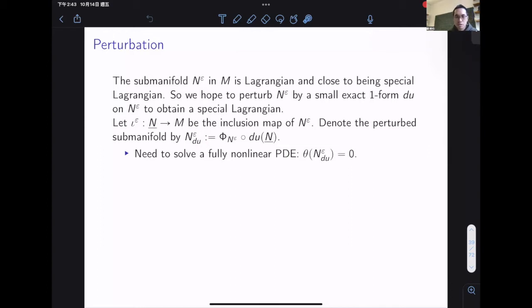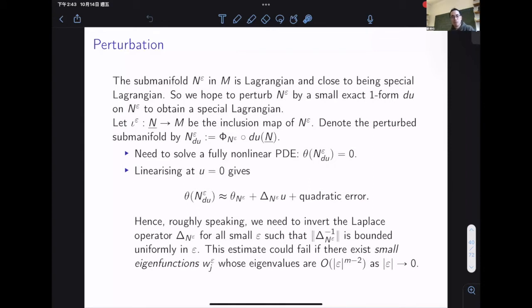In order to do that, we need to solve a fully nonlinear PDE, namely that the Lagrangian angle of N epsilon du equals 0. We can do the Taylor expansion to first order, then we get roughly this expression: the Lagrangian angle of N epsilon du is roughly the Lagrangian angle of N epsilon plus the Laplacian of u, and then plus some quadratic error term.